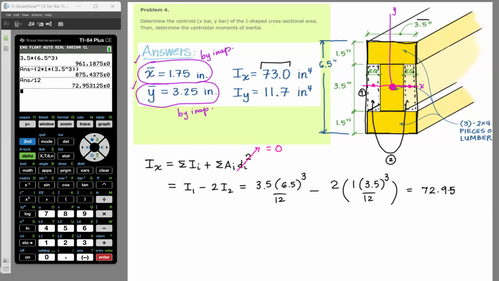When I want to keep that sig fig potentially for later, as in maybe I want to do a calculation with the principal moments of inertia later on, I'll usually write 72.95 inches to the 4th, say 73.0 inches to the 4th. That's saying, hey, this is my final answer for this part of the problem.